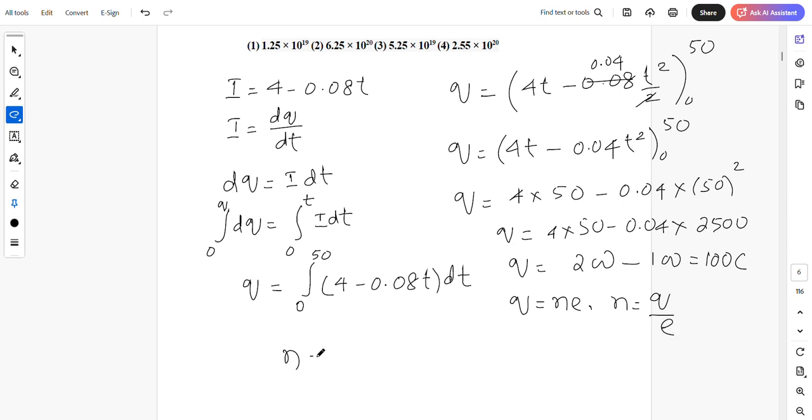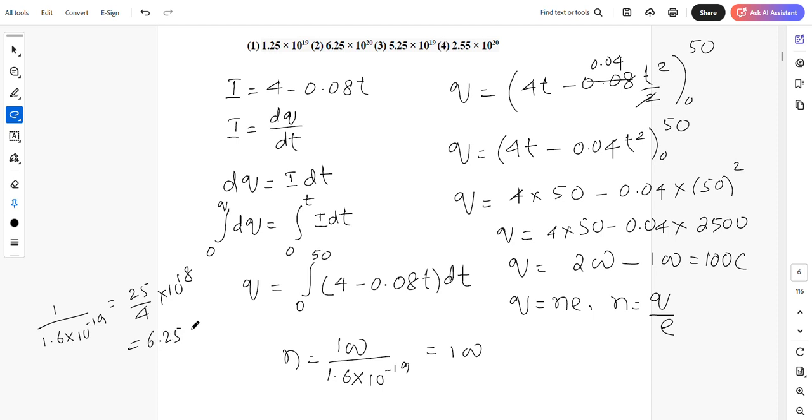N is equal to q by e. How much is q? Just now we got 100, divided by e, the charge of an electron, 1.6 into 10 to the power of minus 19. I have told you, whenever you have 1.6, 1 by 1.6 into 10 to the power of minus 19 you can write as 25 by 4 into 10 to the power of 18, that is 6.25 into 10 to the power of 18.